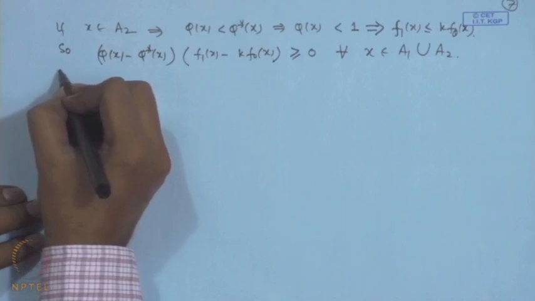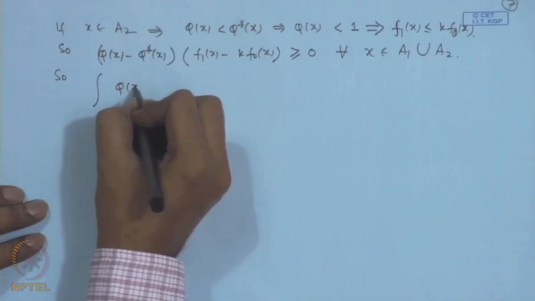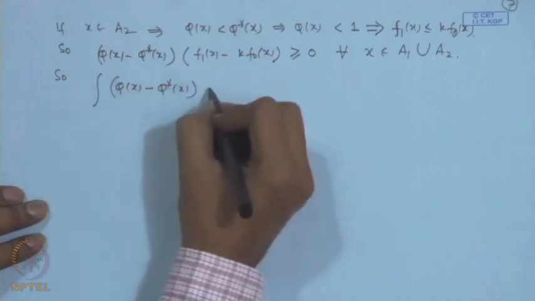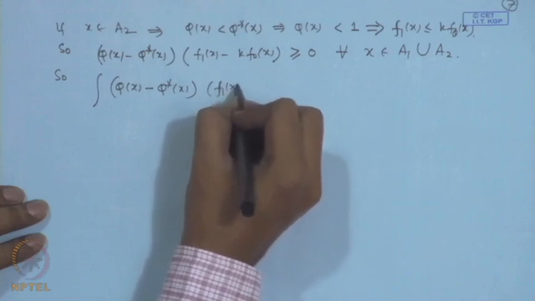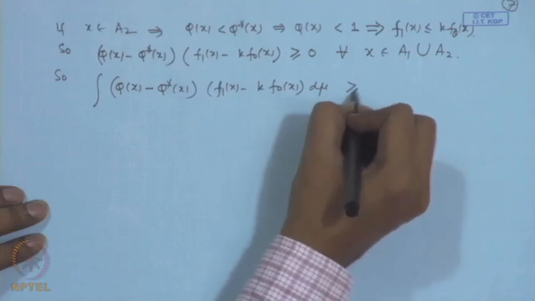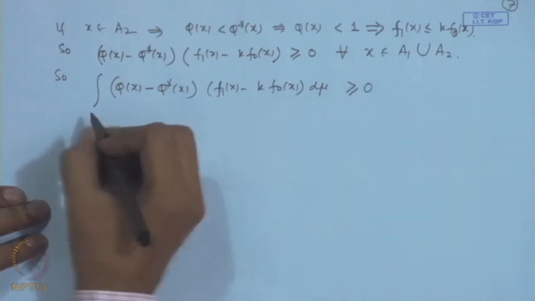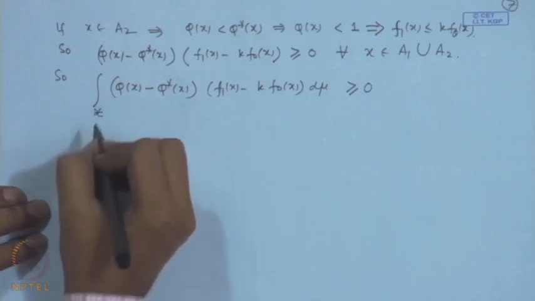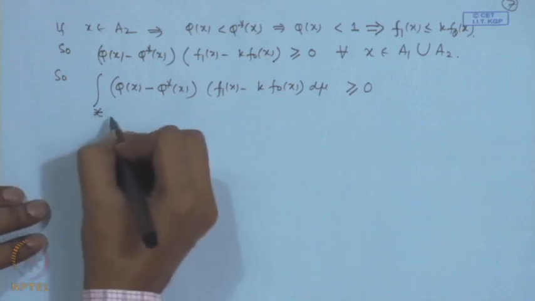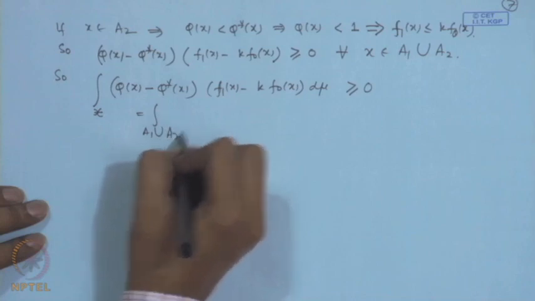Now, this implies that if I take the expectation, or the integral, of f1 x minus k times f naught x d mu, this will be greater than or equal to 0 over the whole space, but over the whole space it is the same as over A1 union A2 of the same thing.